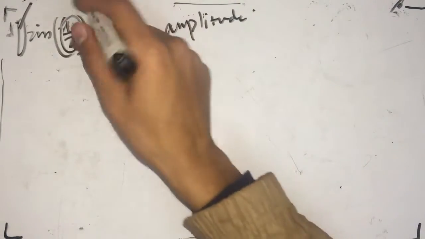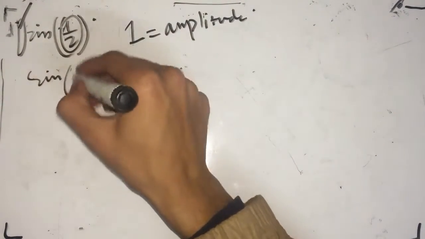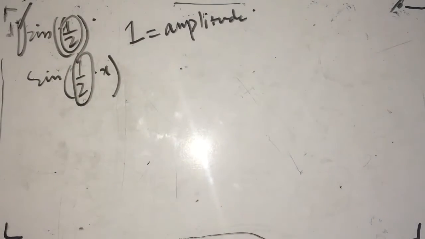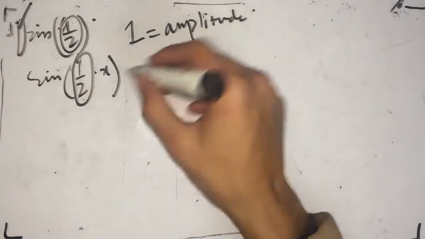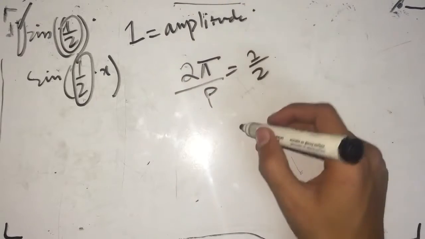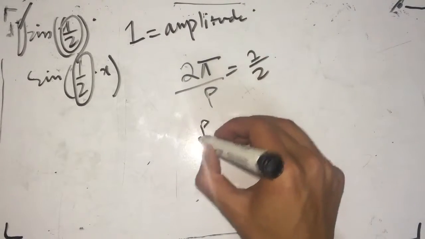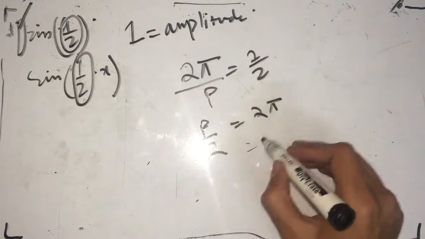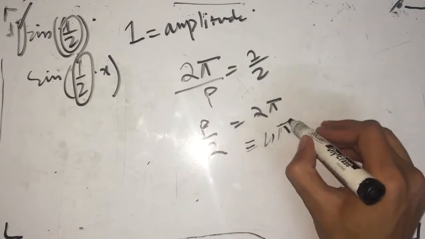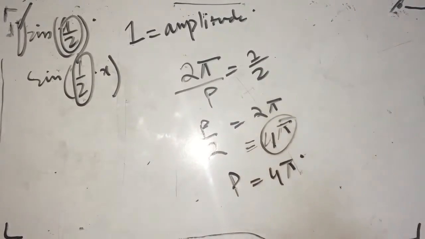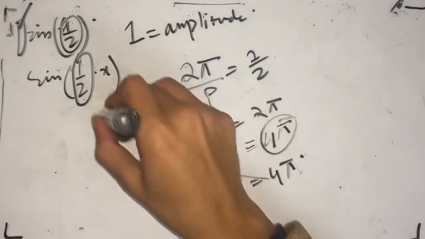Here you can also write it as sine of 1 by 2 into x, so the x's coefficient is 1 by 2. So what you're going to do is put 1 by 2 in the equation. Pi by p equals 1 by 2. Going to multiply b by p, so p by 2 equals 2 pi. You're going to multiply, so that's going to give you 4 pi.